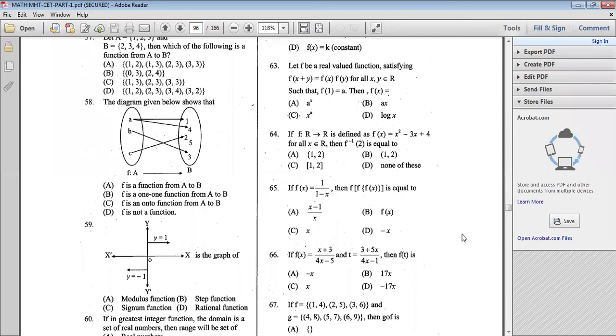Then what is the value of f of t? So f of t is equal to how much? Just observe here.